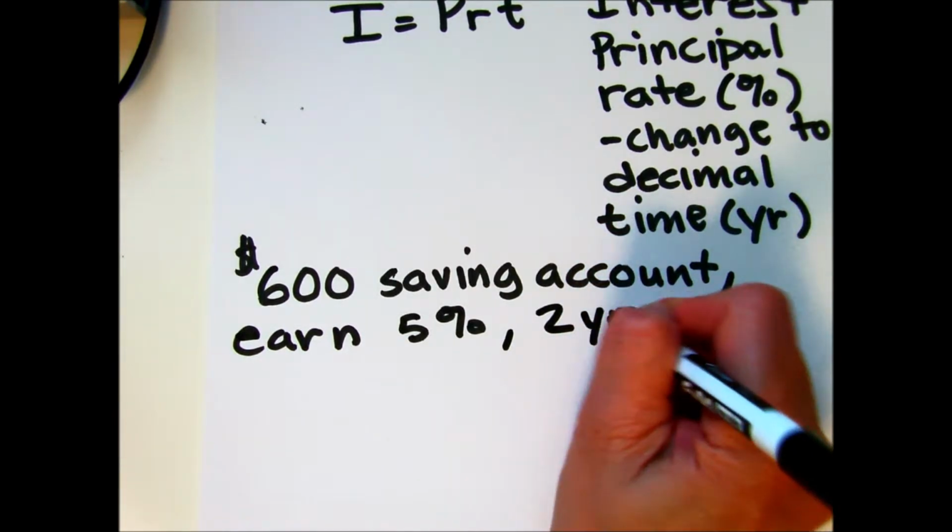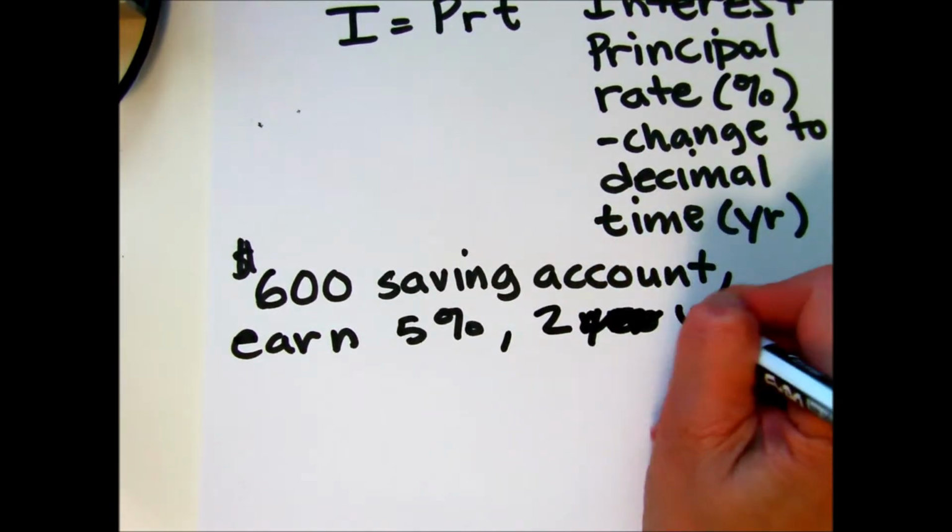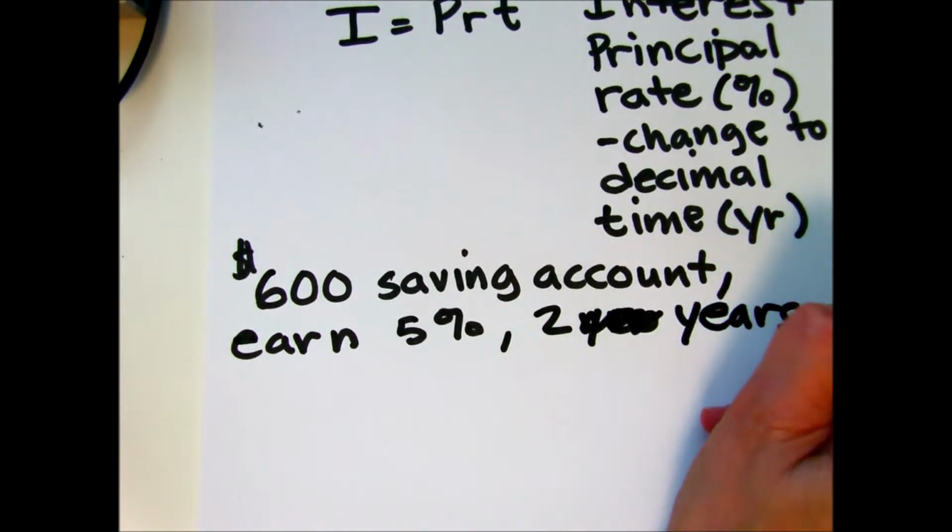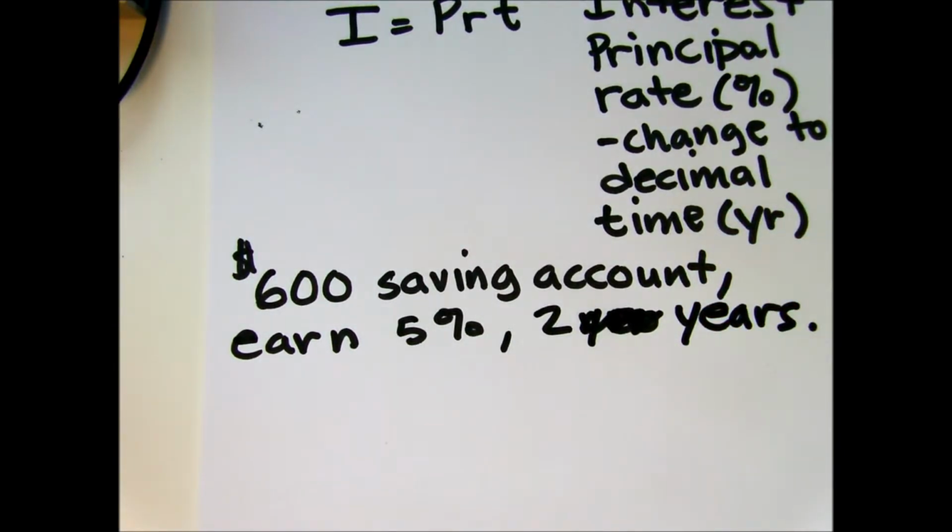Oops, sorry, I didn't spell that right. Okay. Now, normally in word problems, you're not going to have the shorthand. I'm just writing out the basics just because I write kind of slowly.